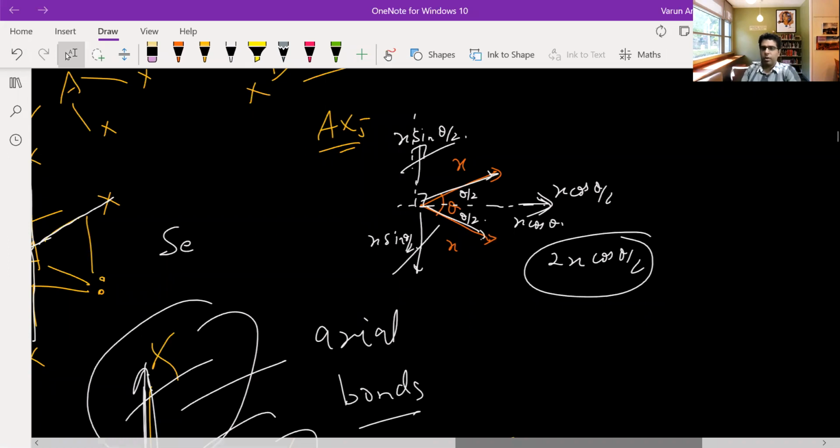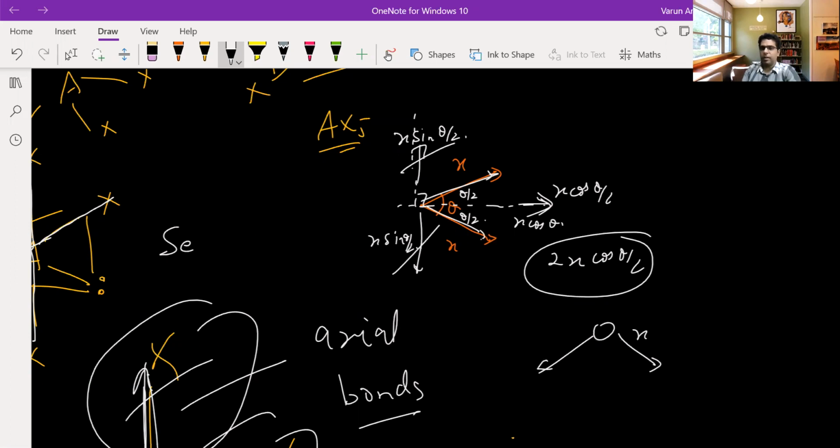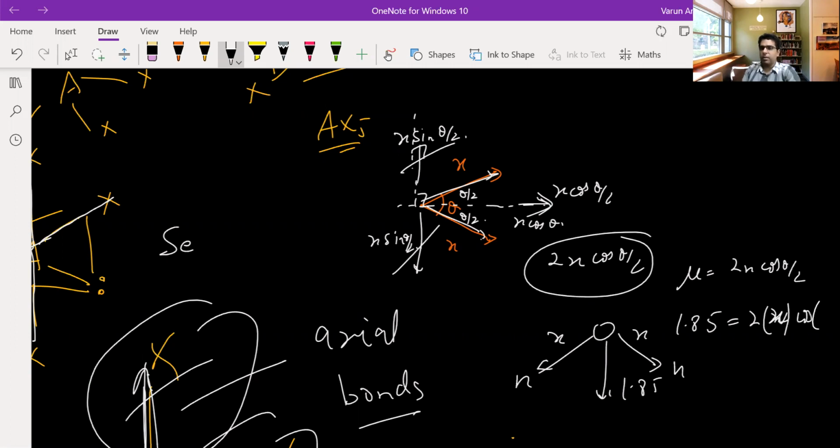Now in the water molecule, the two vectors I have to find out, let that be x. The resultant is given, that is 1.85 debye. So the resultant is equal to 2x cos theta by 2. The resultant dipole moment is 1.85. The individual dipole moment of each OH bond I have to find out, let that be x, and the bond angle is given, 104.5 by 2.